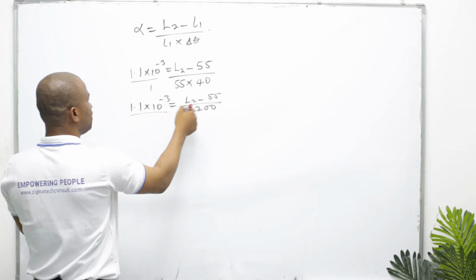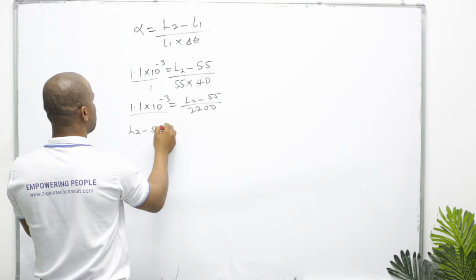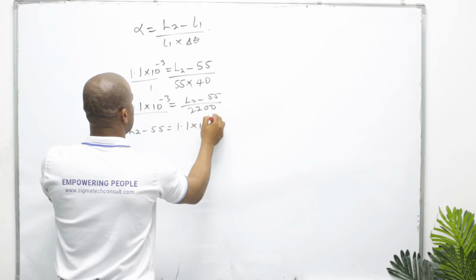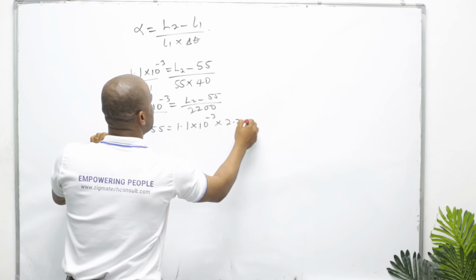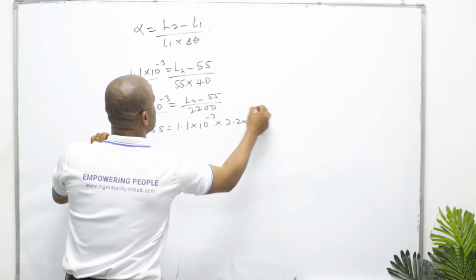Alright, so L2 minus 55 is equal to 1.1 times 10 raised to the power minus 5 times 2.2 times 10 raised to the power 3.